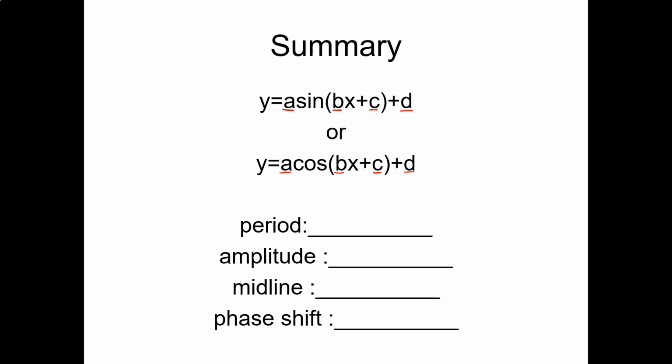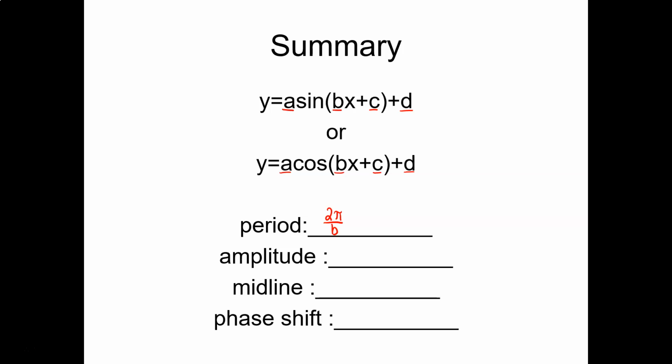Everything works the same for sine and cosine. The only difference is the graph you start with looks a little bit different, right? So the period for any of these is going to be 2 pi divided by b, the number in front of your x.